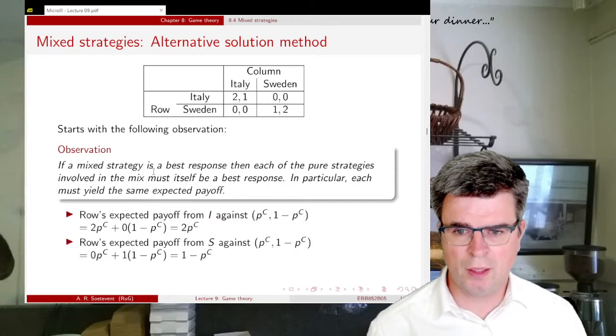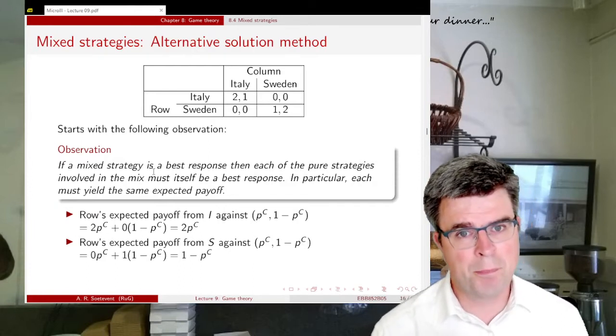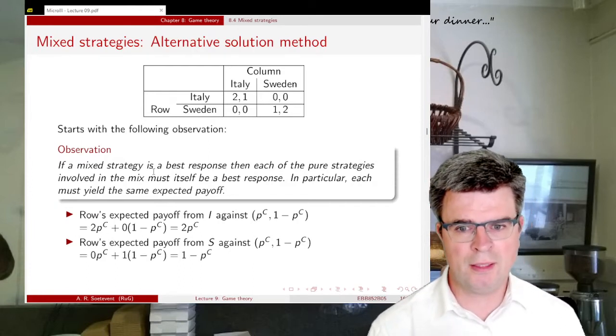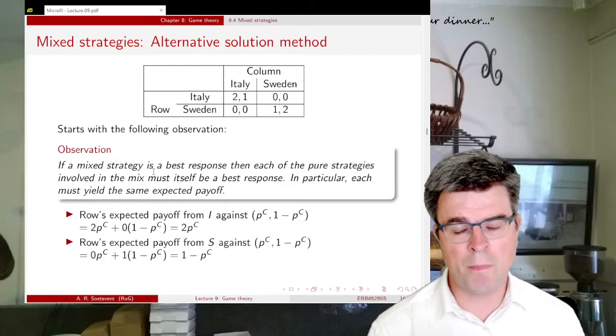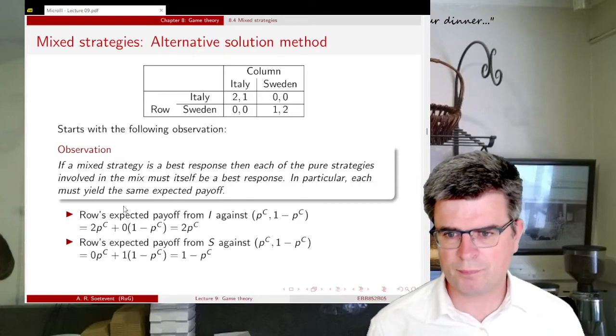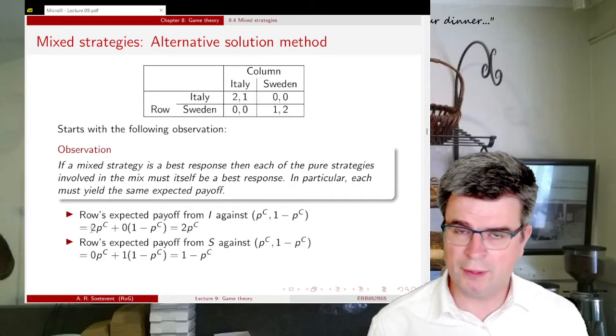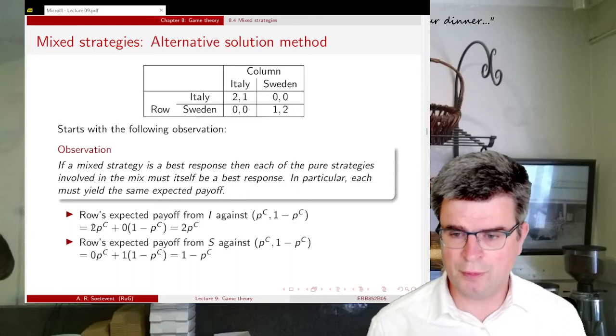So Row's expected payoff of playing the pure strategy Italy against the column player who mixes between Italy and Sweden in some proportion is identical to, well, the row player now plays Italy for certain.